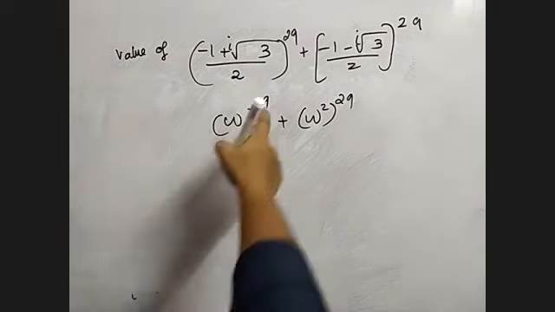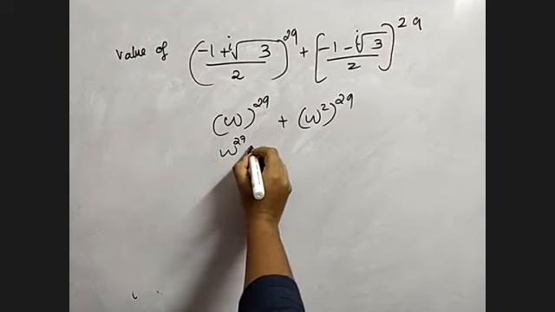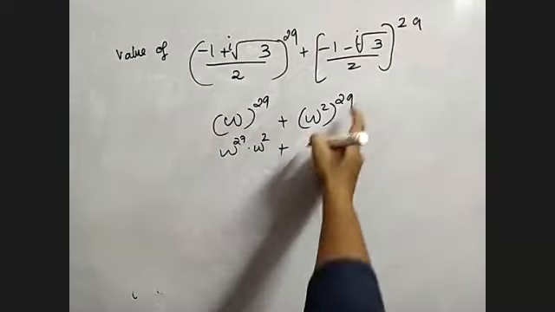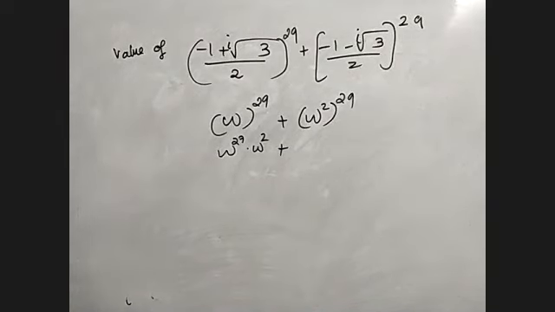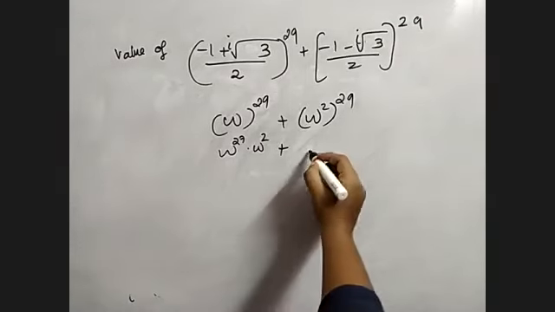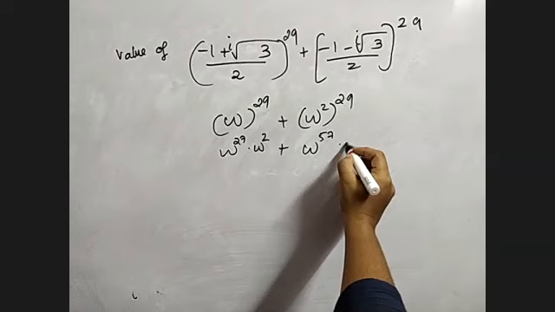Yes, ma'am. So this is omega raised to 27 into omega square. How can we write this? 2 into 29, 58 will come. So you'll have omega raised to 57 into omega.